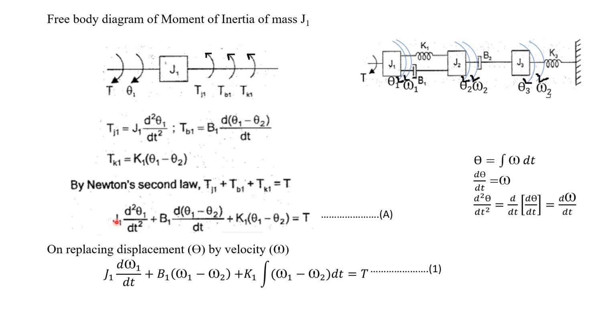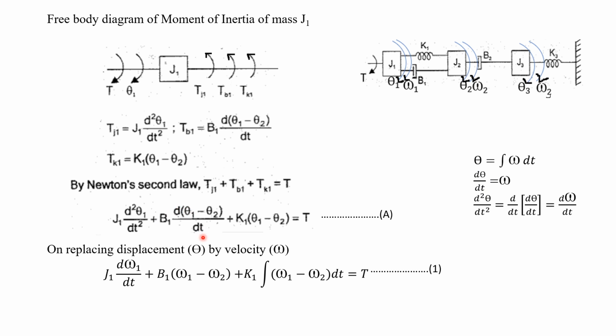Now instead of this, J1 into d square theta 1 divided by dt square. What is d square theta by dt square? That can be written as d omega by dt. So d square theta 1 divided by dt square can be written as d omega 1 divided by dt. Plus the second element b1 into d theta 1 by dt minus d theta 2 by dt. See here, what is d theta by dt? Omega.